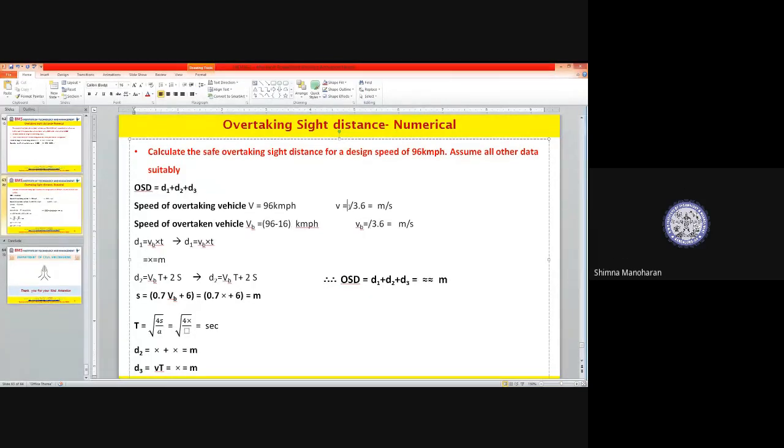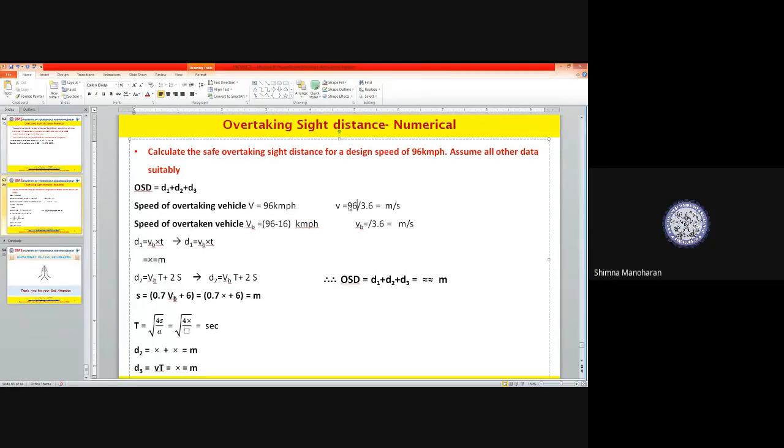So now, let me see whom I can call. Rishabh? Yes, ma'am. Can you please convert 96 kmph to meter per second? Just a minute, ma'am. 96, right?